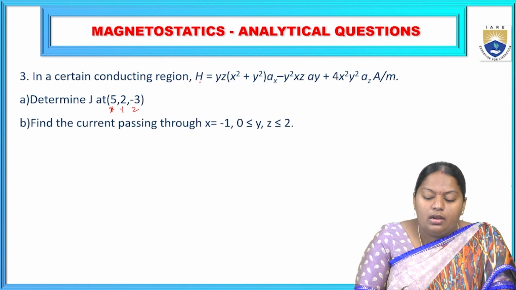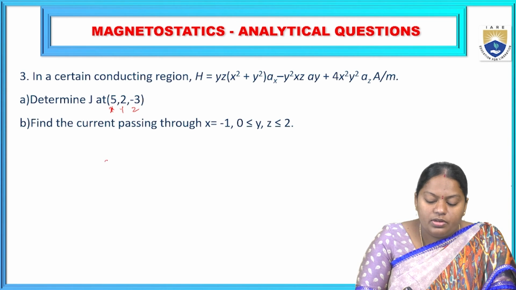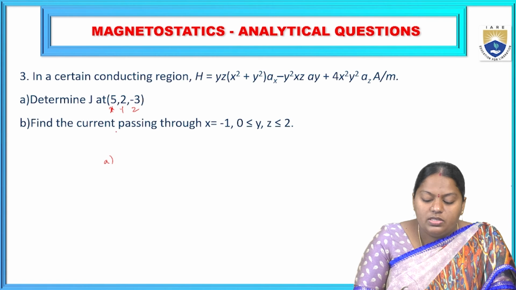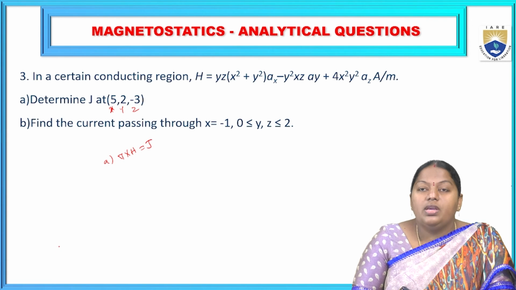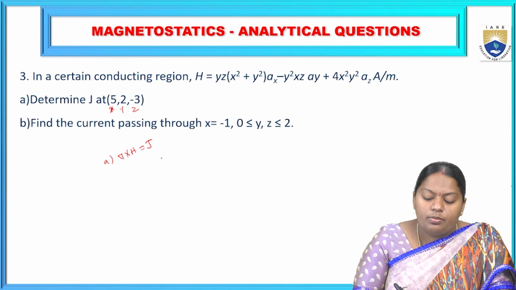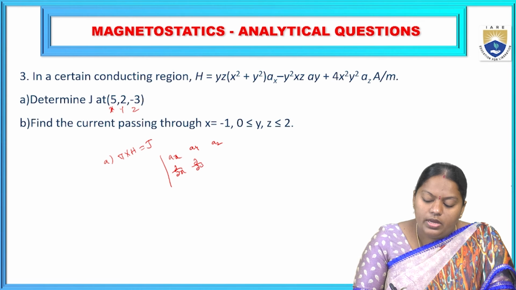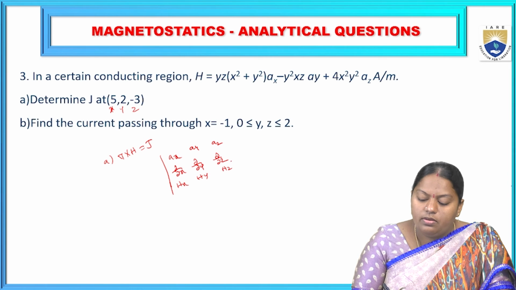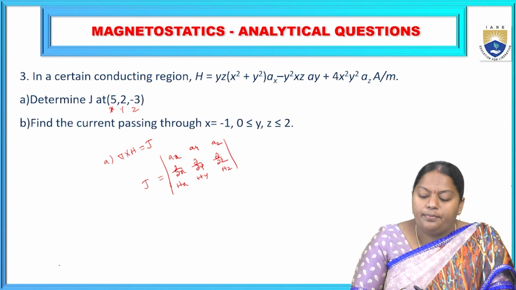Now the relation between J and H: in order to find J, del cross H is equal to J, which we will be evaluating. So the same determinant form: a_x, a_y and a_z, dou by dou x, dou by dou y and dou by dou z, then Hx, Hy and Hz values. Why?